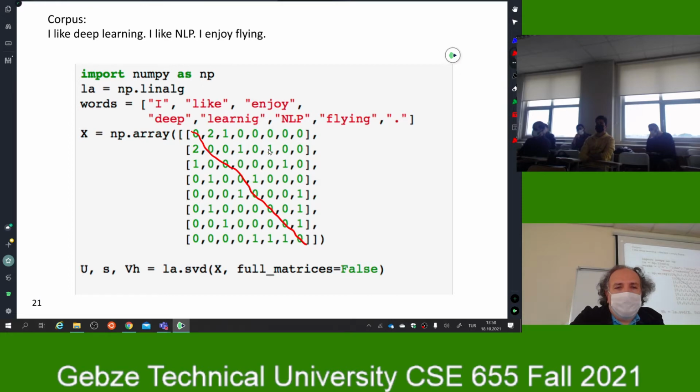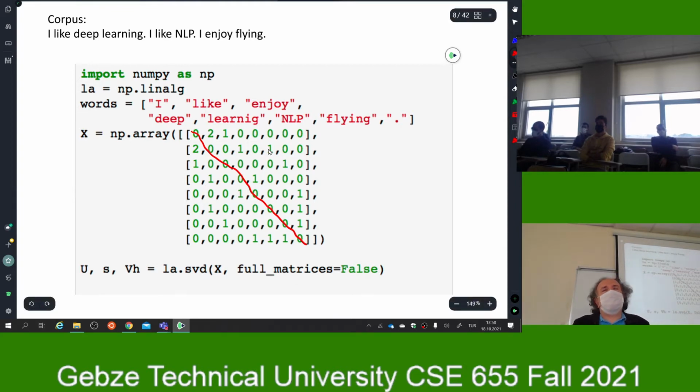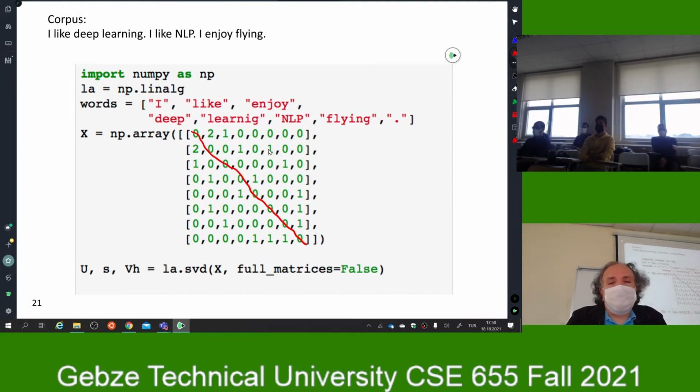Its name is x, and I am calling this SVD, singular value decomposition function. This function will return me three matrices: U, singular values, and the transpose of V. Okay, and I don't know what that option is. Full matrices false. Well, my matrices may not be full rank. I don't know. I think it is using a different singular value decomposition technique.